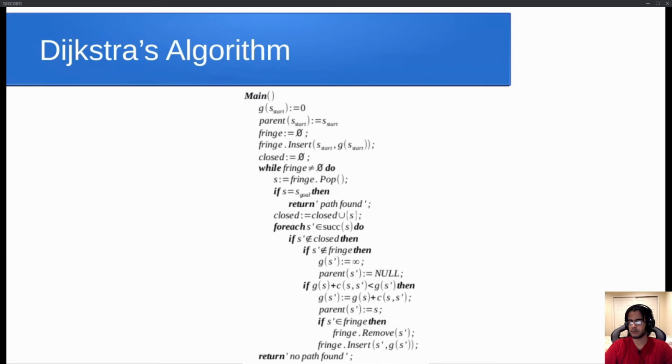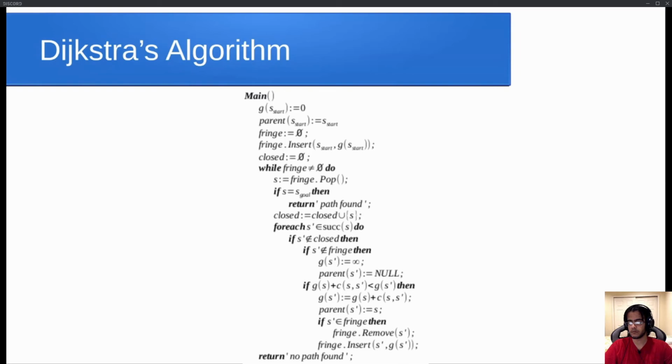And then we're going to check if this cost, so the cost to get to its parent plus the cost of transitioning to it, is less than that cost. So as you can see, if it's not in the fringe, then the cost of the parent plus the cost of transitioning would be less than infinity, right? Because it also could be that we've seen it before and we have to update it.